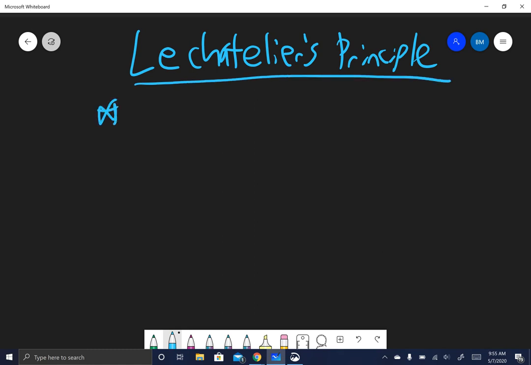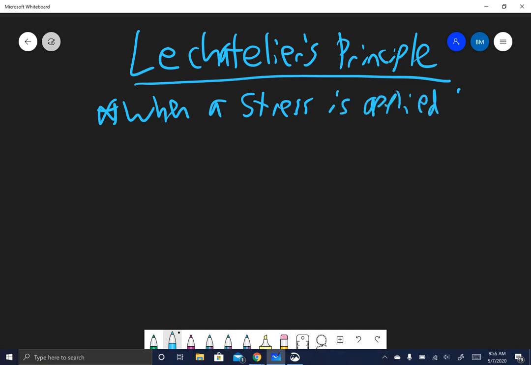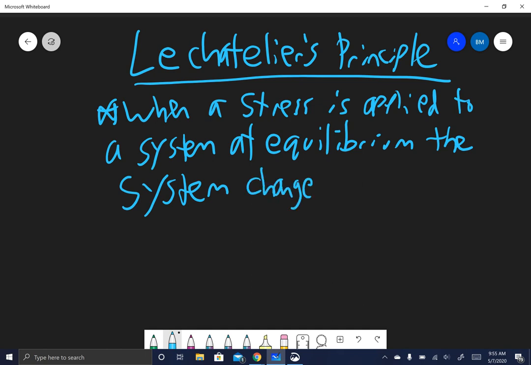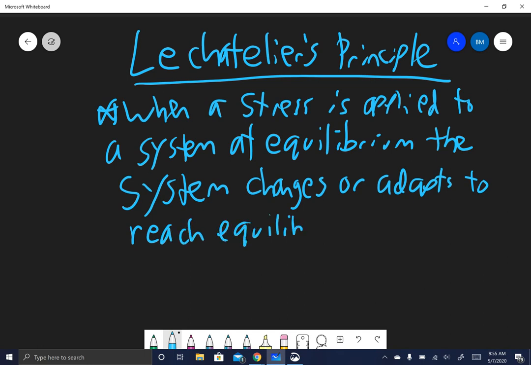It means when a stress is applied to a system at equilibrium, the system changes or adapts to reach equilibrium.